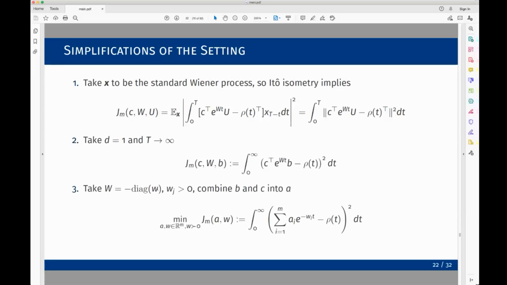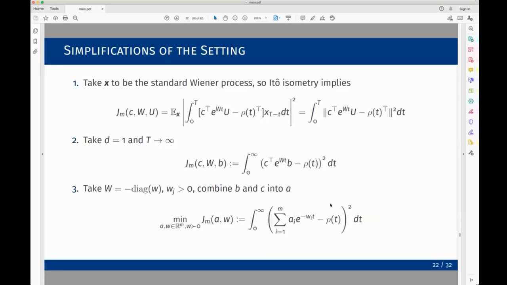In other words, W is diagonal, so we can combine the vector small b and small c into another vector a. Our hypothesis space becomes an exponential sum. Essentially, we would like to find optimal parameters a_i and w_i, with size m, such that the exponential sum can approximate the true target density rho t accurately.